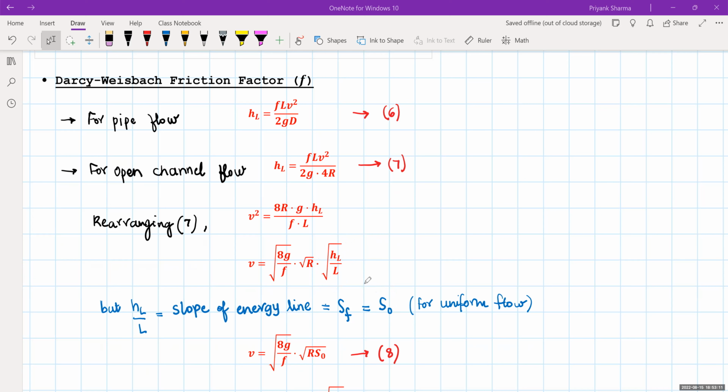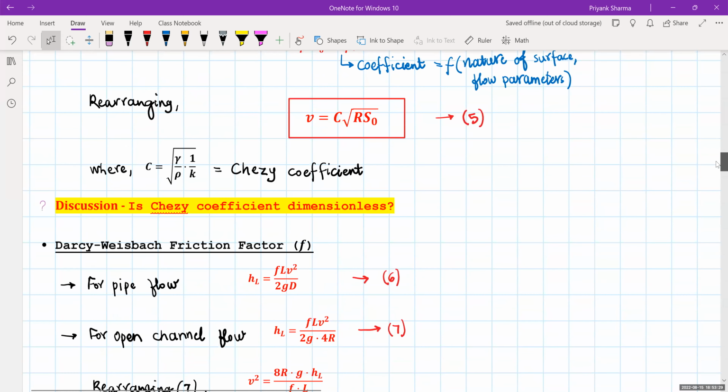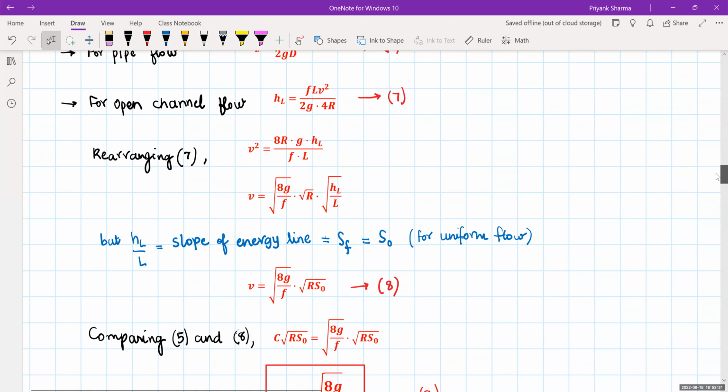So now the equation resembles V is equal to under root 8G by F into under root R S naught. If you look, this equation will be somewhat familiar to the equation derived here, that is V equal to C under root R S naught.